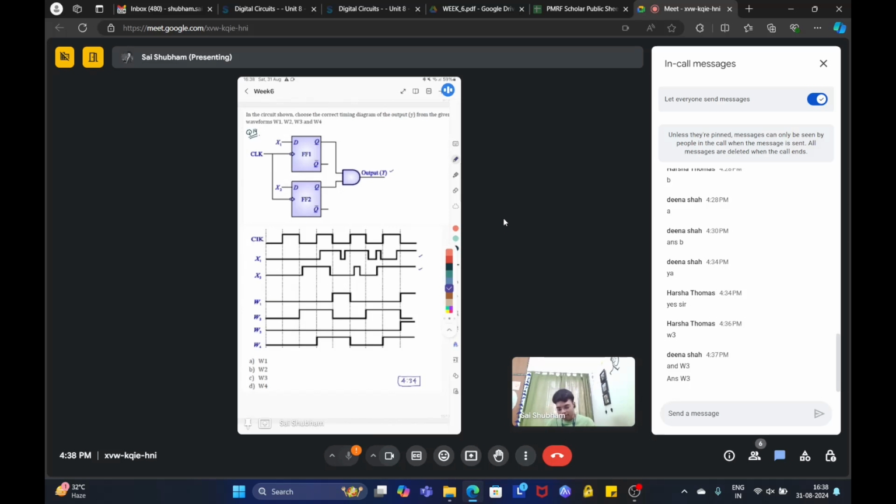So you have about 4 flip-flops, right? SR, D, T flip-flop and JK flip-flop. So you must be aware how to convert one flip-flop into another, okay? You should know the truth table of all the flip-flops, and you should know the difference between latch and flip-flop, okay, for each one of them.